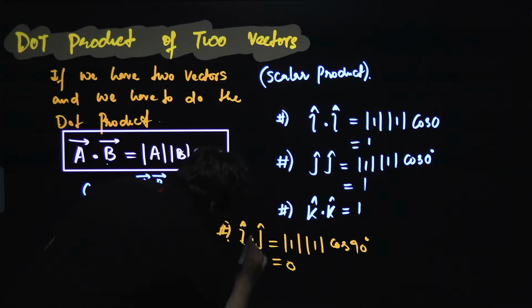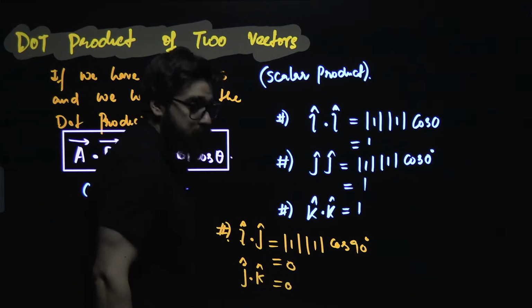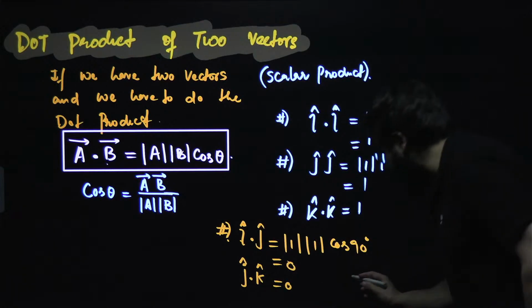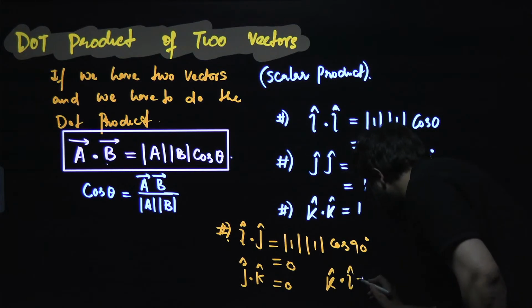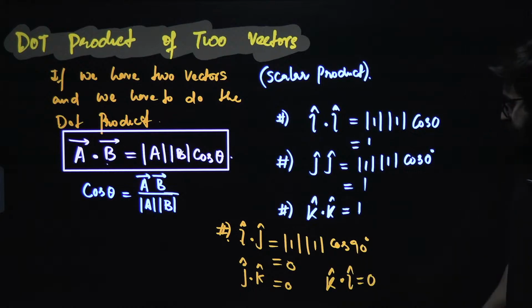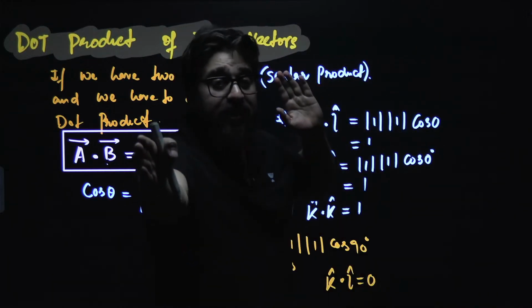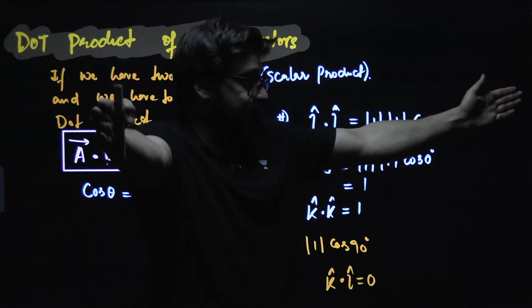And if I say j dot k, that will come out to be 0 also. And if I say k unit vector dot I, that is also 0, because k is the unit vector along the z-axis and I is the unit vector along the x-axis, so the angle between these two is also 90.